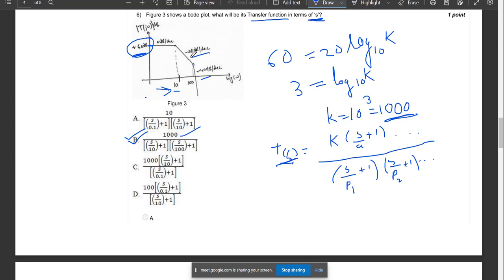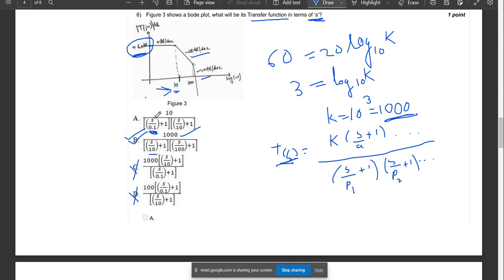So the slope is decreasing only. Since the slope is decreasing, what we figured out is there is no zero in the transfer function, because our slope keeps decreasing, nothing in between increases or changes. This means there are only poles, so either A or B is possible; C and D cannot be, because they have zeros. Another thing is that at 10 it is going minus 20 dB, so it is S by 10 instead of 0.1.